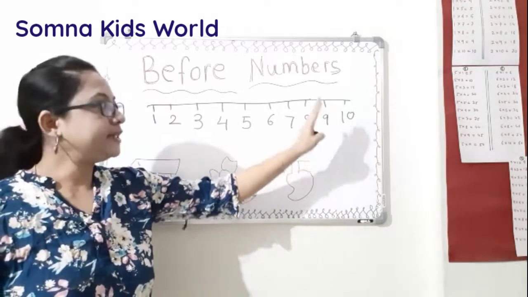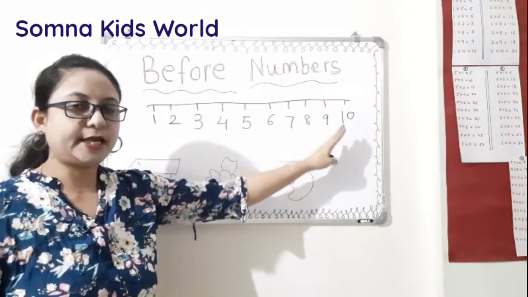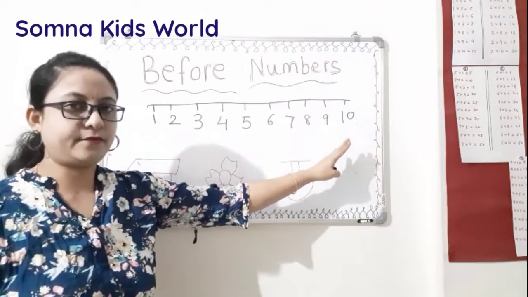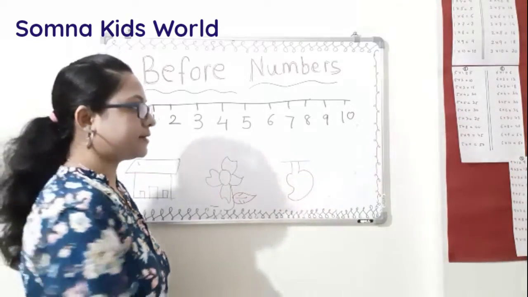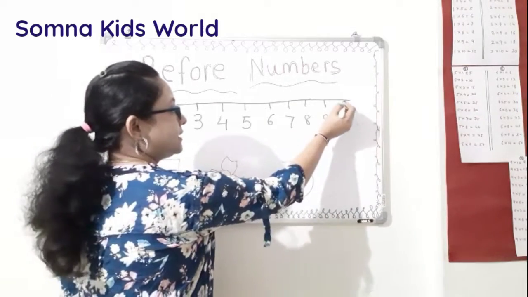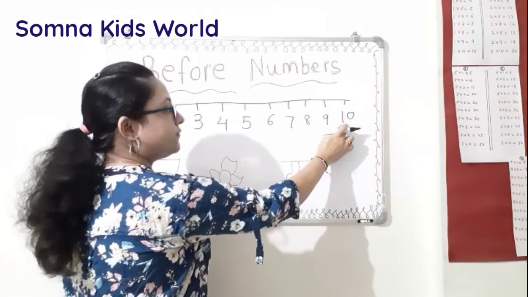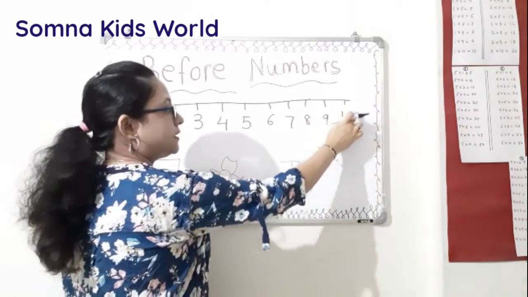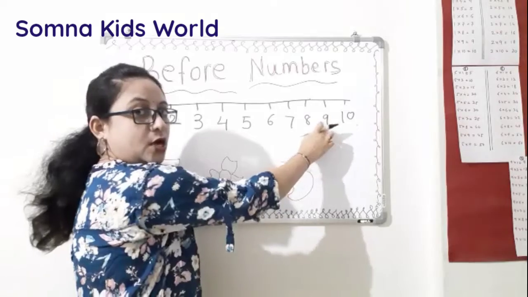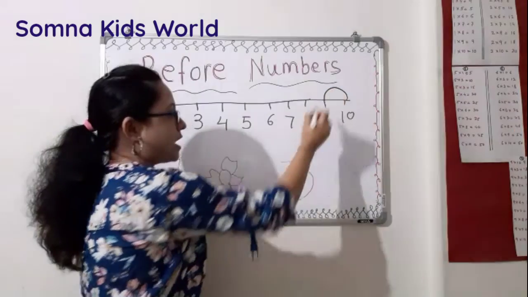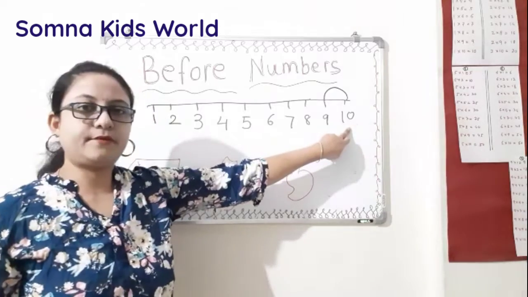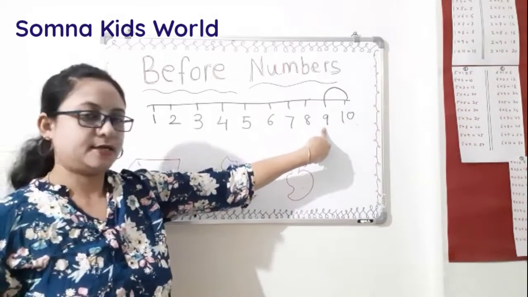With the help of this number line, we can tell the kids to identify which number comes before or in front of. Suppose I ask, what is the before number of 10? What number comes before 10? It's number 9.